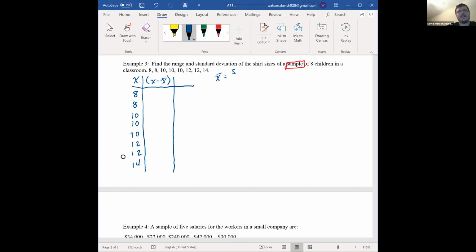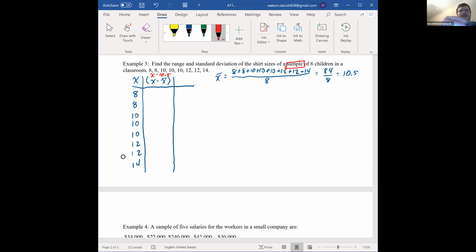So 8 plus 8 plus 10 plus 10 plus 10 plus 12 plus 12 plus 14 all over 8. That'll get you 84 over 8, or 10.5. So this x minus x bar really means x minus 10.5.